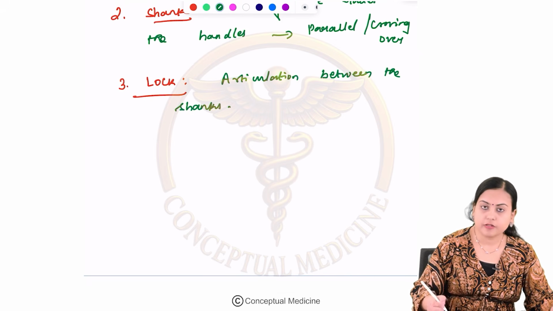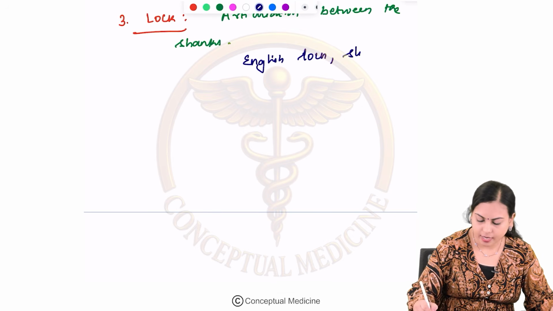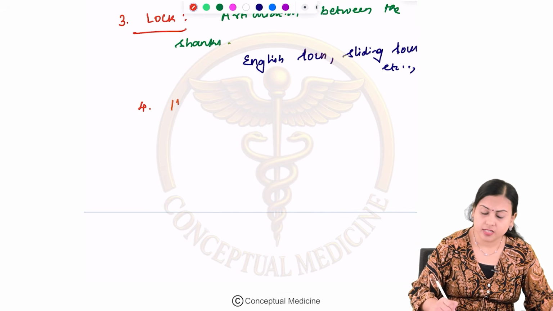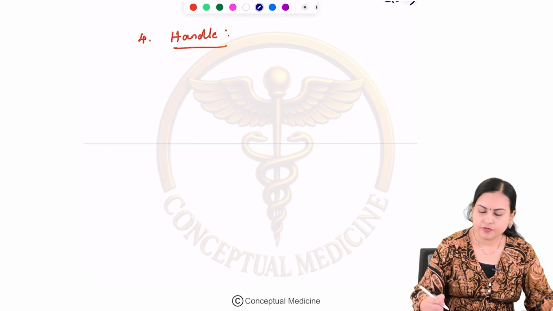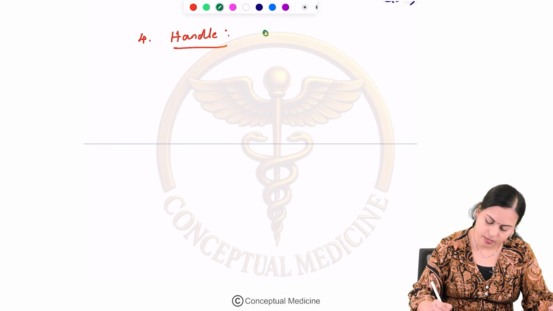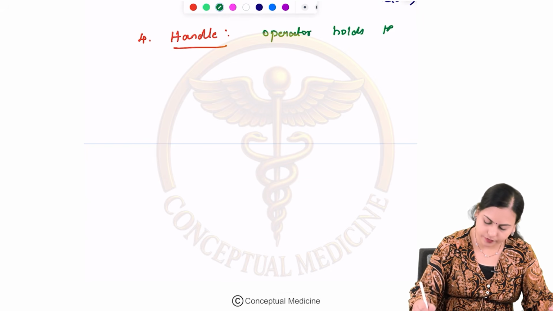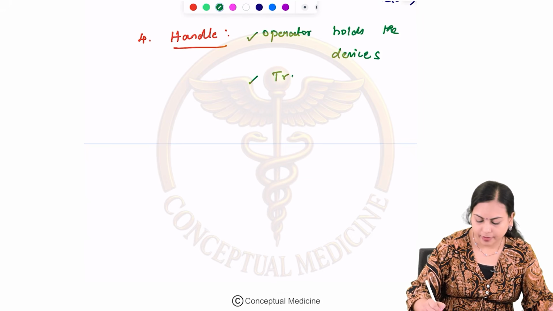Okay. There are different types of locks, like you can have an English lock or sliding lock, etc. Okay. And the fourth one is the handle. So, handle is where the operator is going to hold the forceps device. Okay.